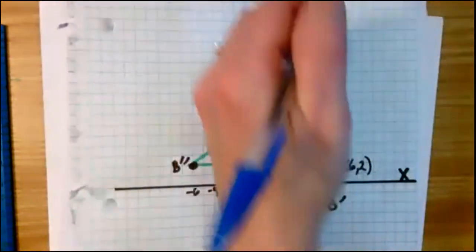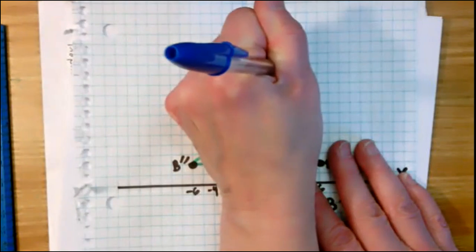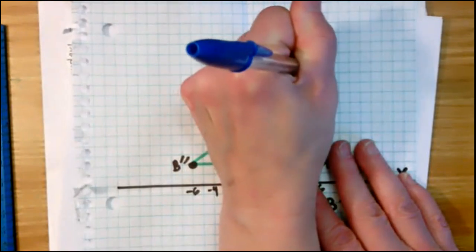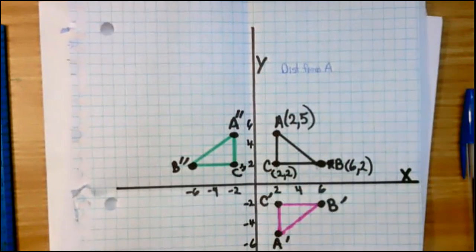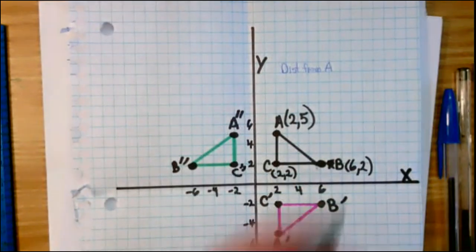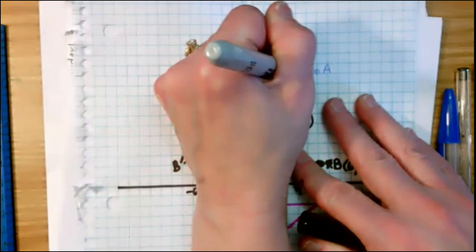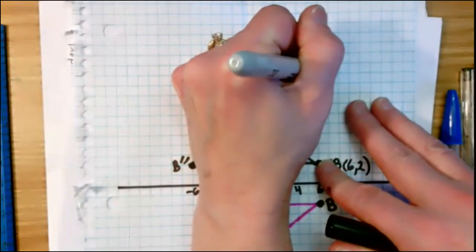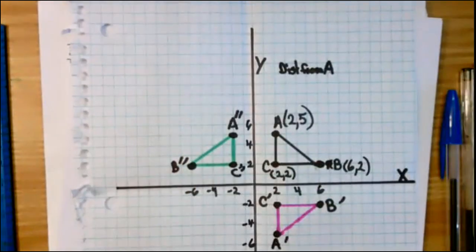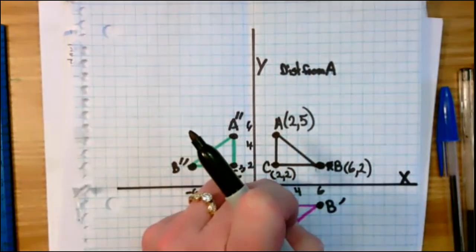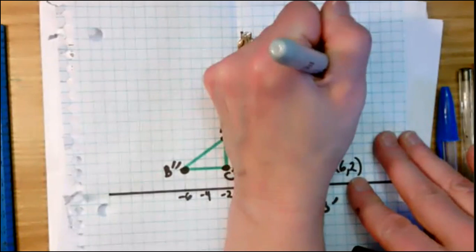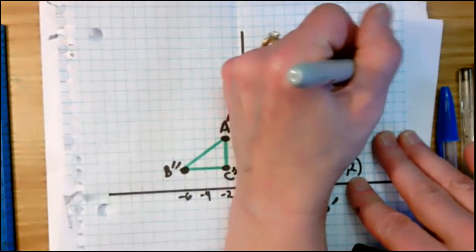Let's write this down. The distance from A is 1, 2, 3, 4, 5. From A to x-axis is equal to 5.